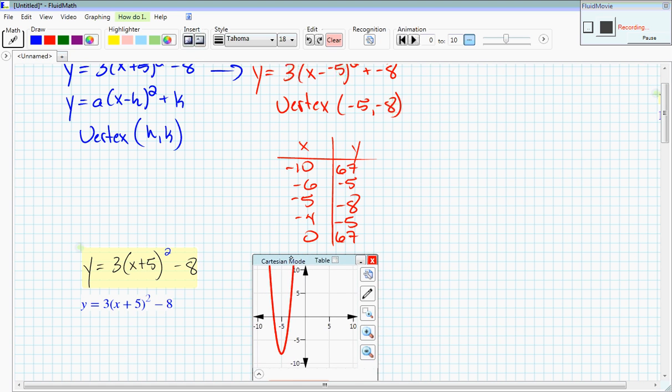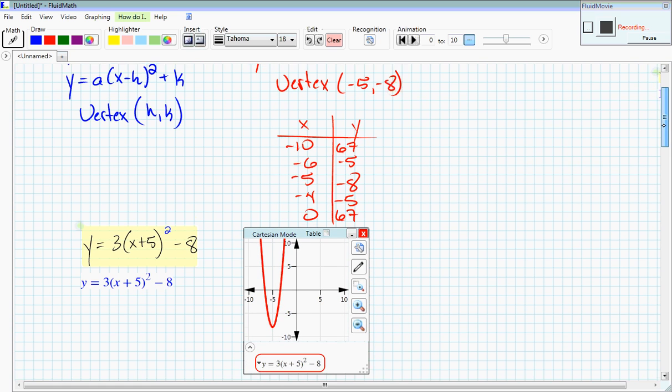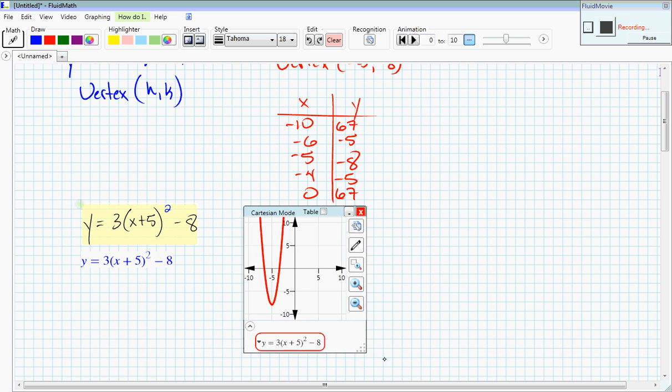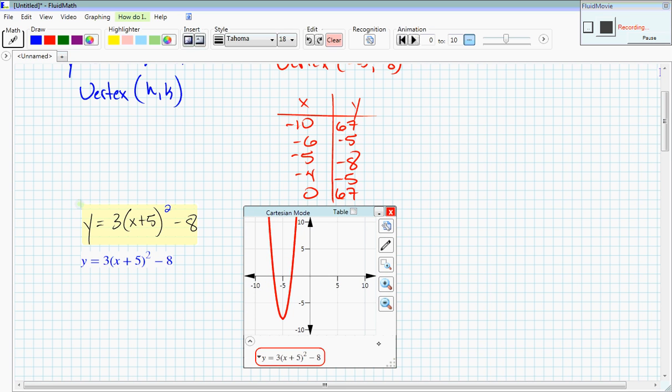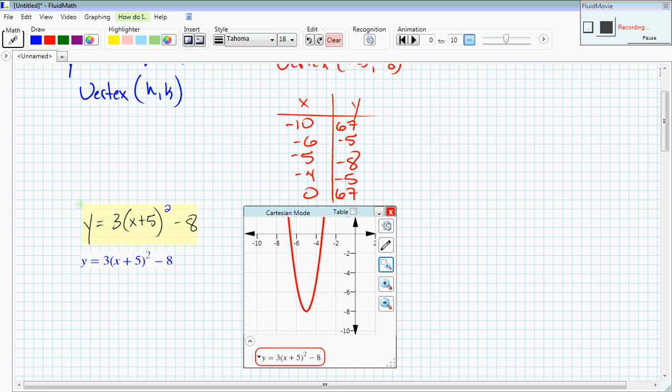As we pointed out in class, quadratic functions are very similar to absolute value functions, but not identical, because absolute value functions are made up of two linear functions with opposite slope that meet at the vertex. Here we're not dealing with linear functions. However, just as a affects the slope, or how steep each side of the graph of the absolute value function is, a affects the quadratic function in the same way.